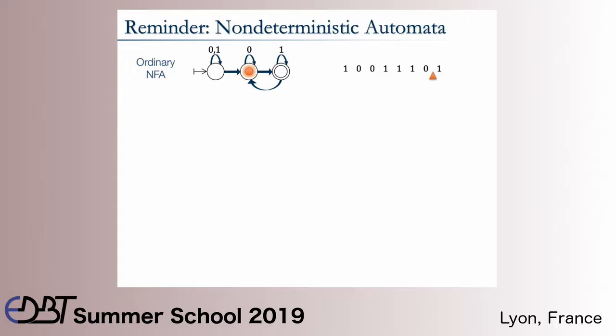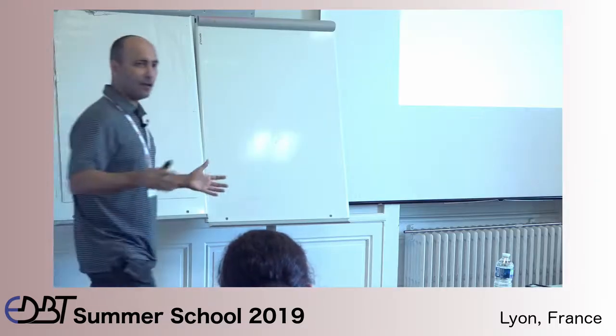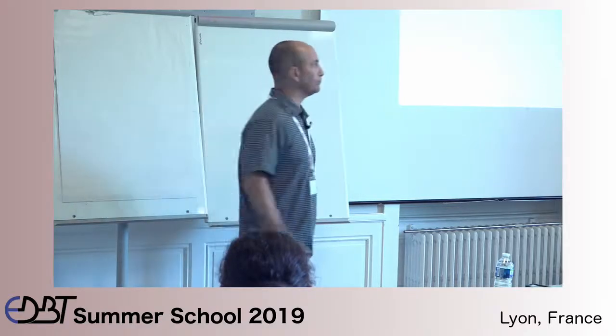It can make some epsilon transitions, where it reads nothing, just makes a transition. And in the end, the question is, am I or am I not in an accepting state? This is a classifier. It classifies the strings into yes and no.